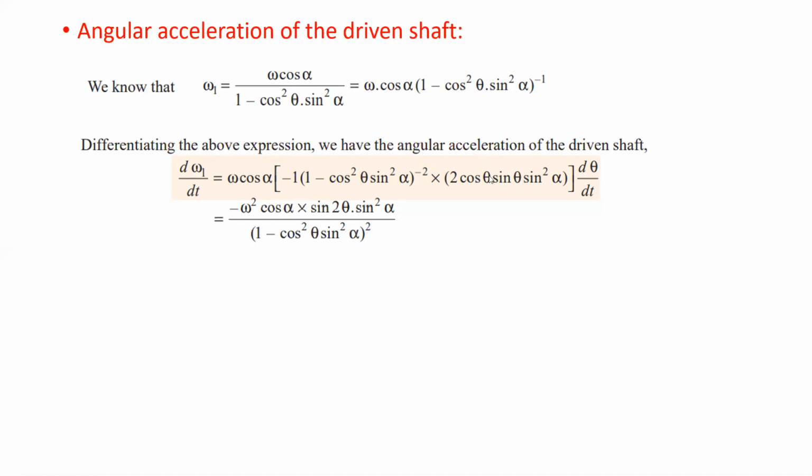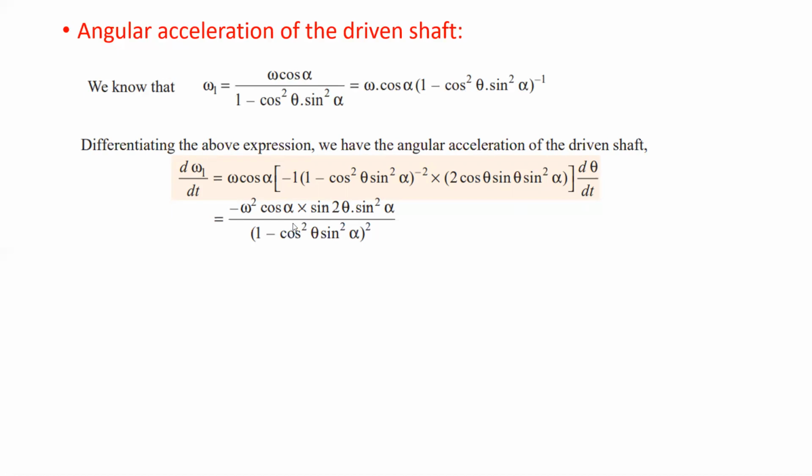You will use the chain rule here: 2 cos theta into sin theta, the derivative of cos square theta, times sin square alpha. And again you have to differentiate theta, so d theta upon dt.